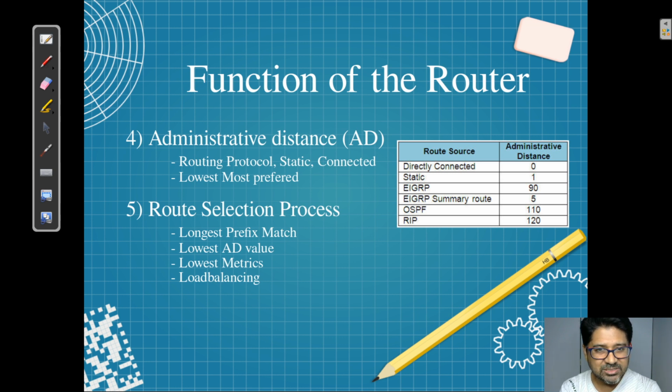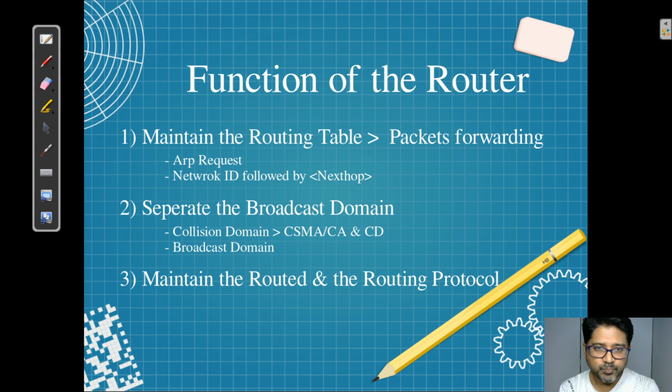We will discuss each element we discussed today: how to maintain the routing table, what is the role of the next hop, how the network ID is installed followed by the next hop, and the next hop is maintained in the ARP table.